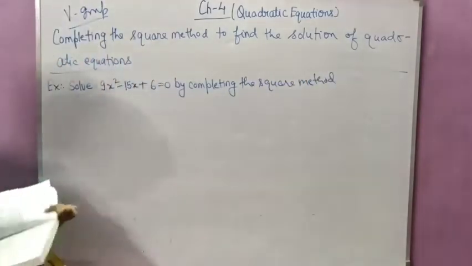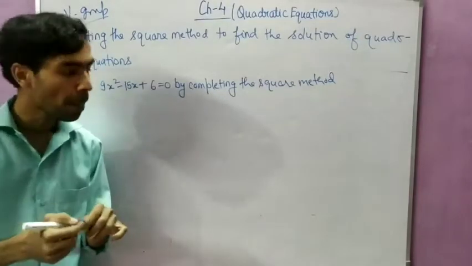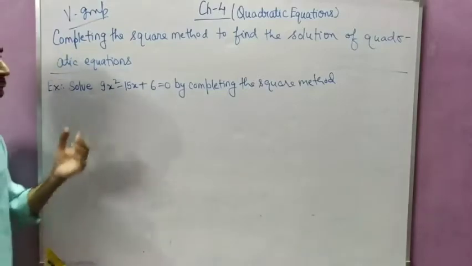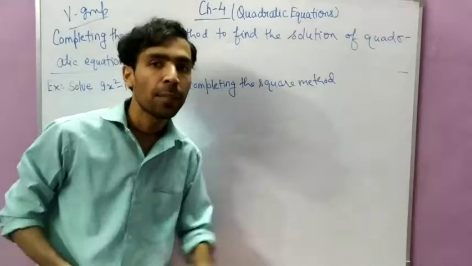Solve means you have to find the roots or the solution. This is the question. We have to solve this quadratic equation by which method? By the completing the square method.